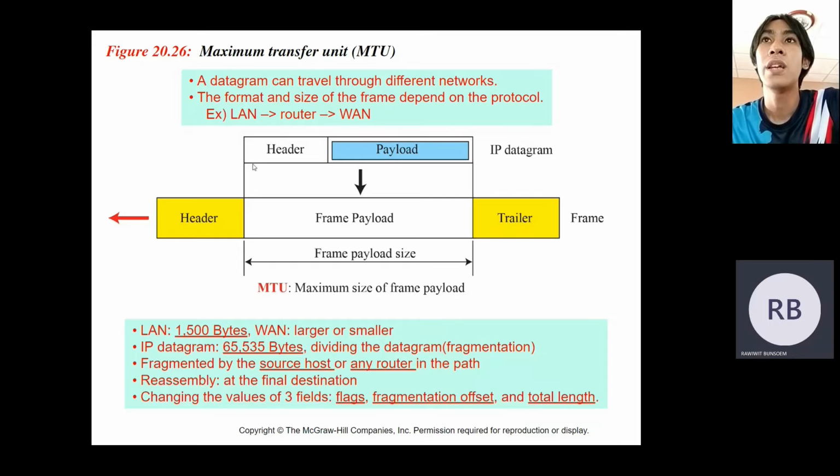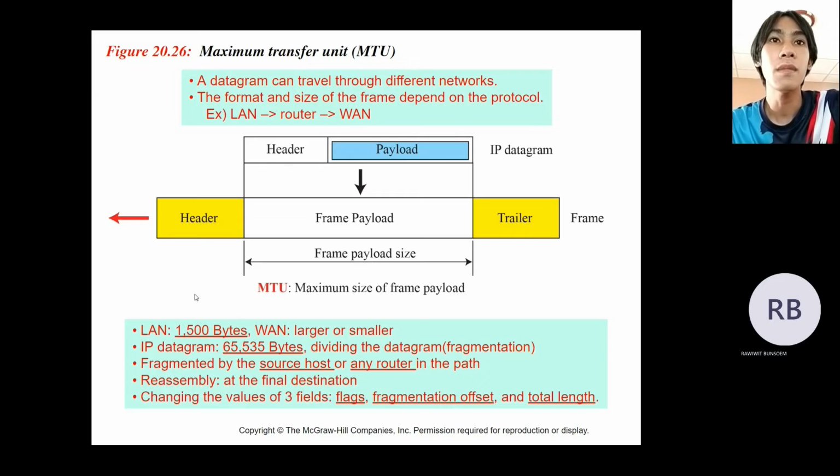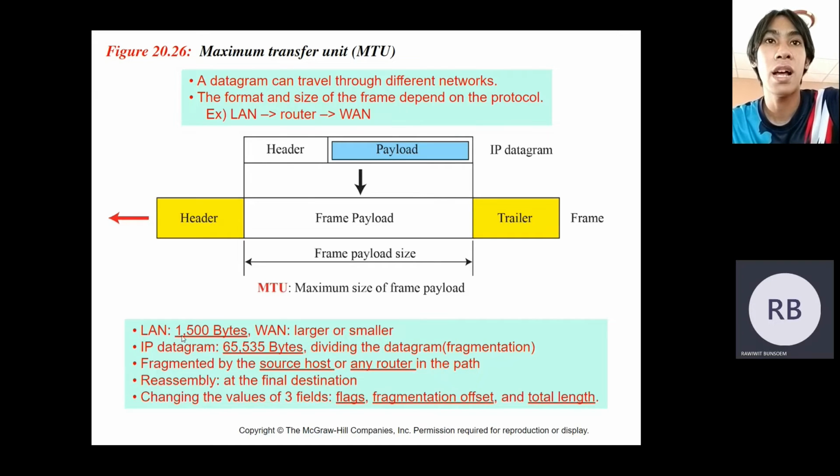The IP datagram has a header and payload, and the frame has a header, payload, and trailer. LAN is 1500 bytes. WAN may be larger or smaller.